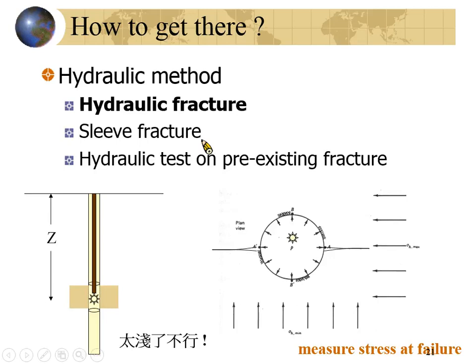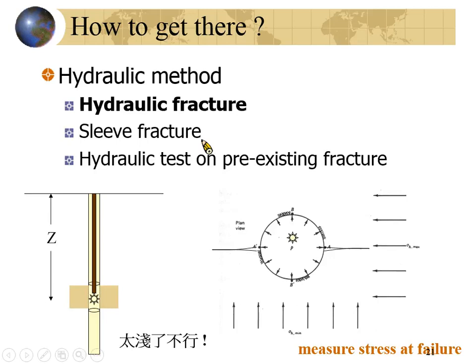If the vertical stress is not the minimum principal stress, then when you apply a pressure within the borehole, you will have the fracture in this direction, the vertical fracture.